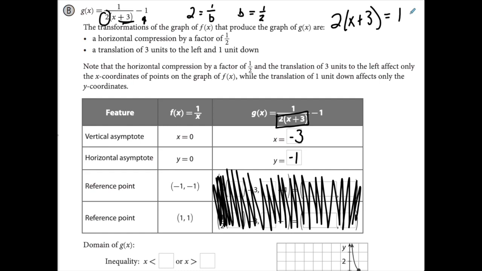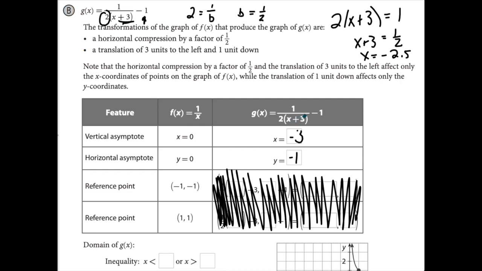Because if I can do that, I get 1 over 1, which is 1, and 1 minus 1 is 0, right? If I can just make this 1. So how could I do that? Well, I could divide this by 2, and then actually the parentheses would be gone. And now I'm going to subtract the 3, and I get x is equal to minus 2.5. So if I was to plug in minus 2.5, I would get minus 2.5 plus 3 is positive 1/2.